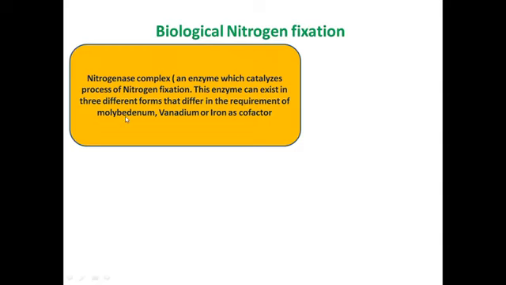Sometimes it requires molybdenum, vanadium or iron as cofactors. The most common cofactor used by the nitrogenase complex is molybdenum. So please remember, these are the three cofactors upon which the forms of the nitrogenase complex depend.